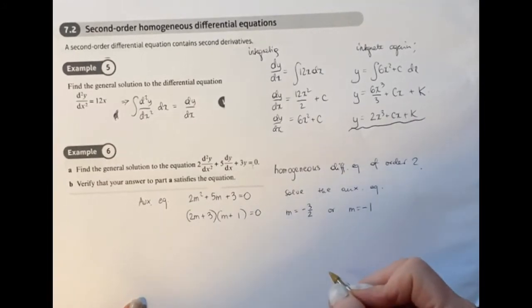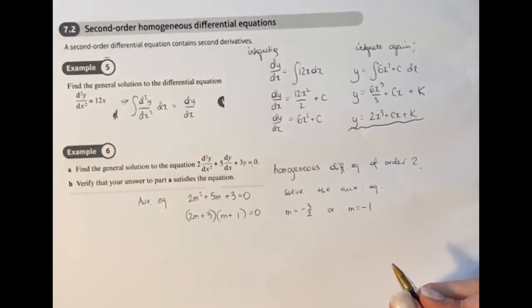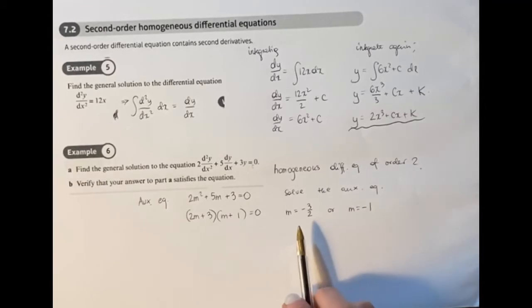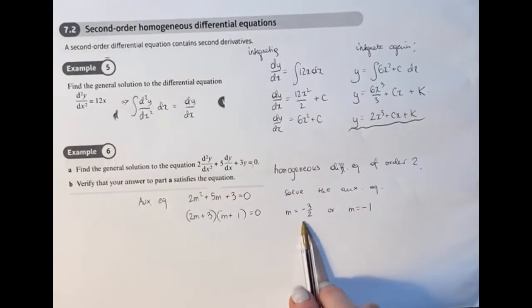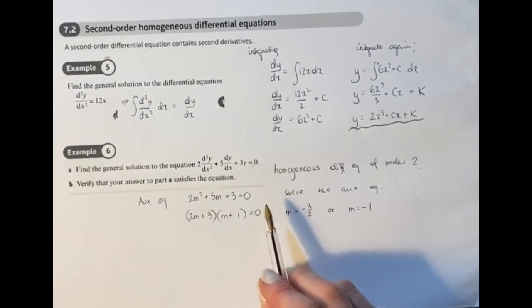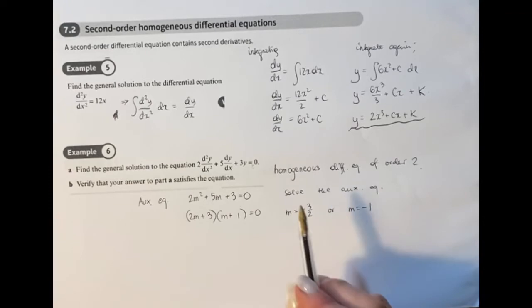Now, depending on what kind of solution you obtain, whether you obtain two distinct real solutions, like here, or repeated solutions, or imaginary solutions, you will have to write the solution in 3 different ways.